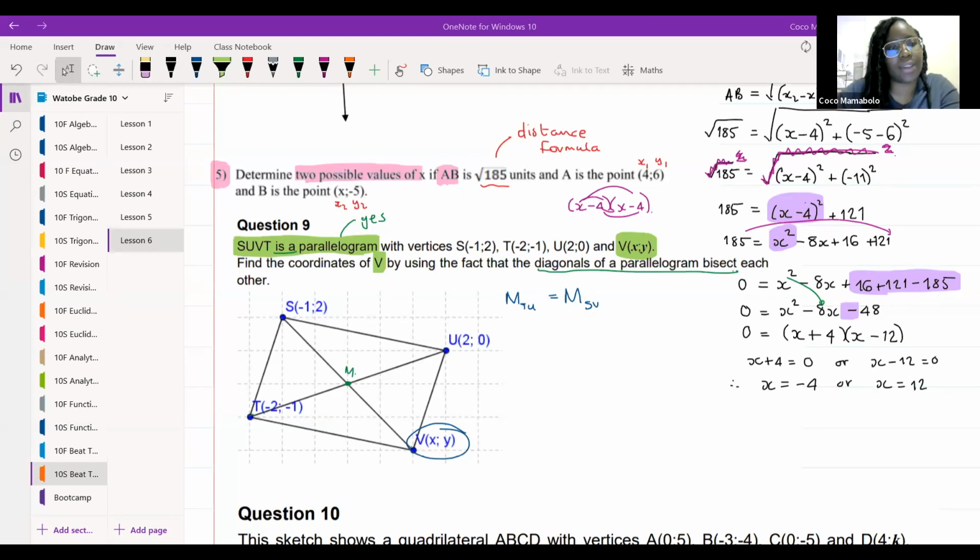2 more minutes, guys. Sure, Asbonge is done. Those brains are working super fast. Well done, Sihle. Nice one, Samuel.